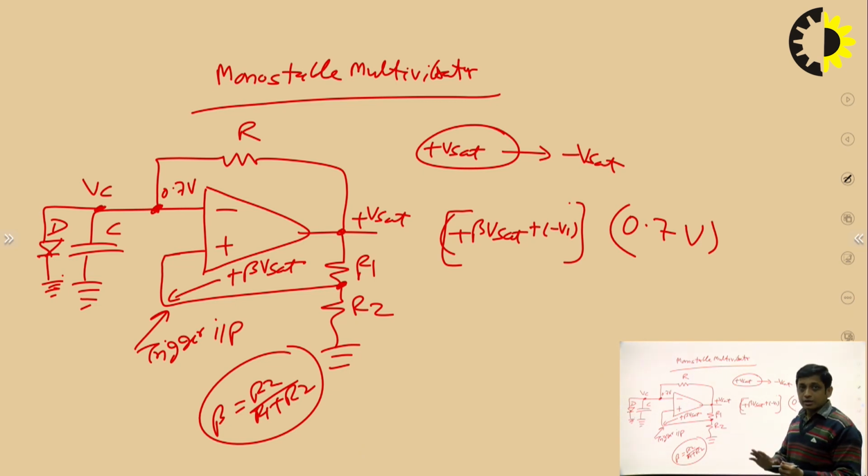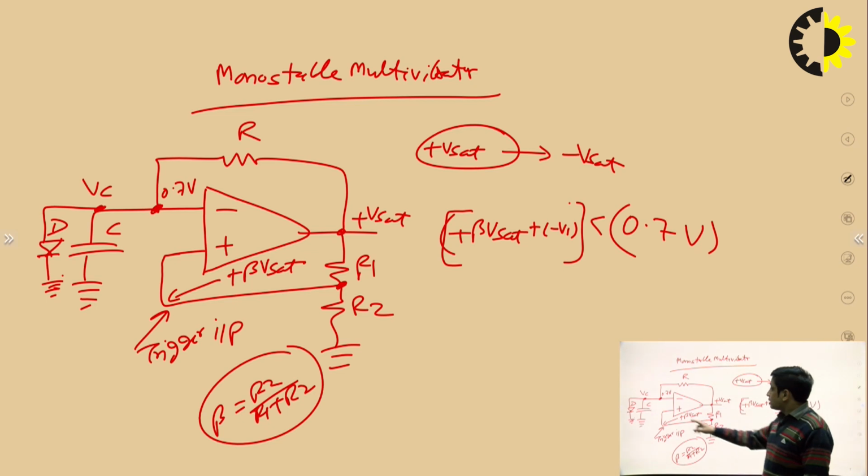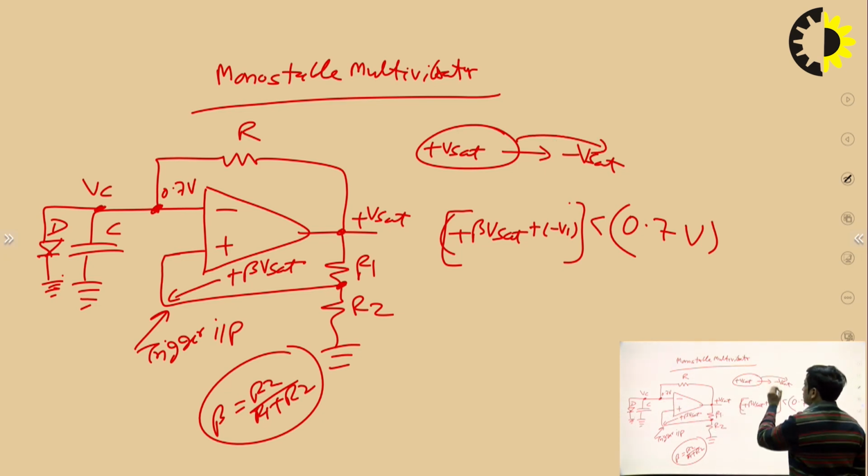The reason is we need to make sure that 0.7 volt is greater than this quantity, because when that happens, the voltage at the inverting terminal will be higher, and then the output will switch from plus Vsat to minus Vsat.